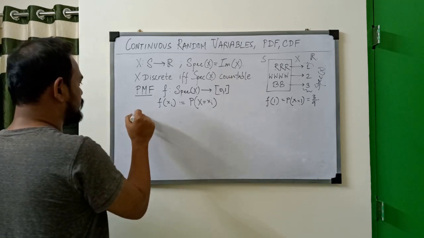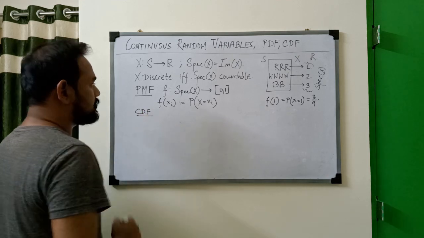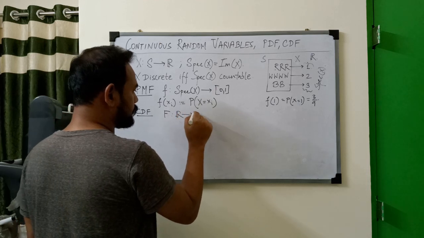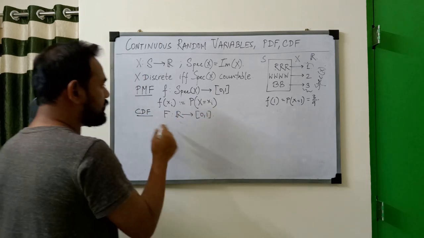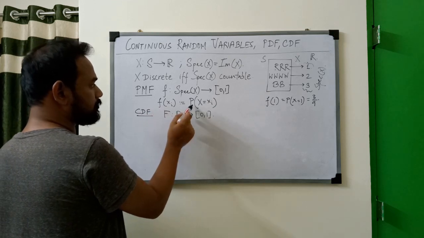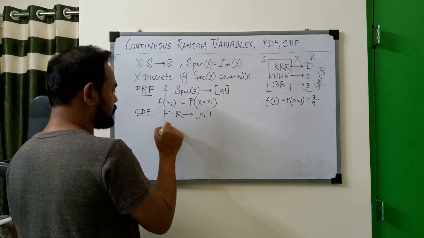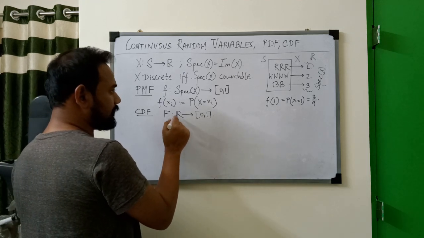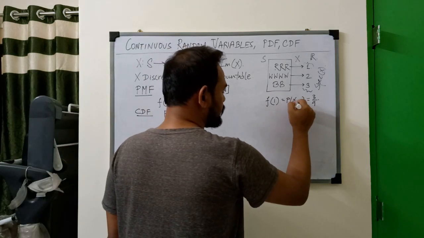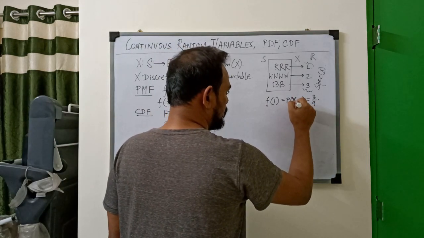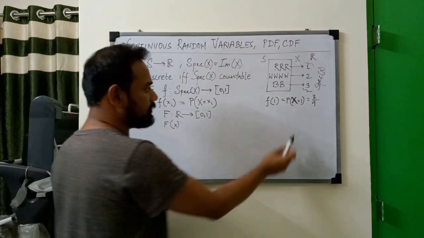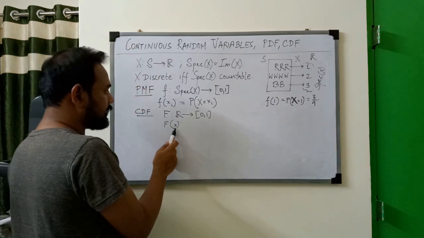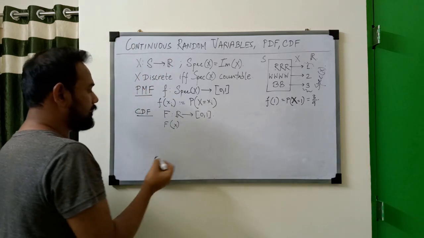And we also defined what this function was. This is a function from all real numbers to, again, 0 to 1, because these are all defined in terms of probability. PMF is defined in terms of probability, and so is capital F, which is the CDF, the cumulative distribution function. For any real number small x, please make sure that you understand these x's: the capital X, the uppercase X, is the random variable, and when I write small x, I mean from this domain.